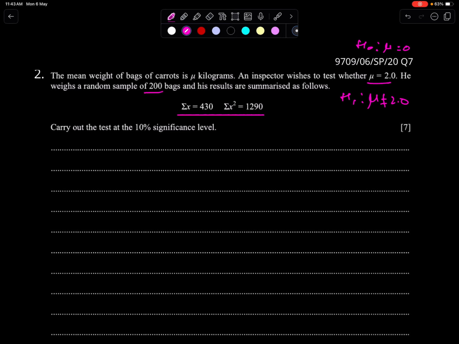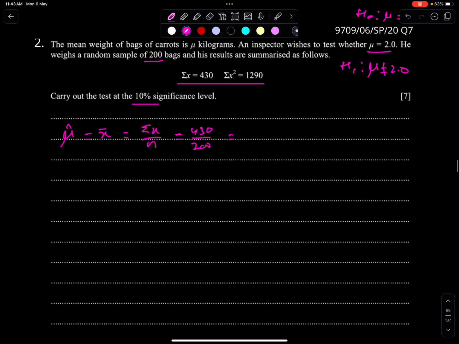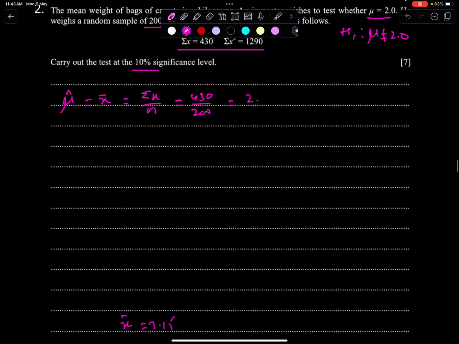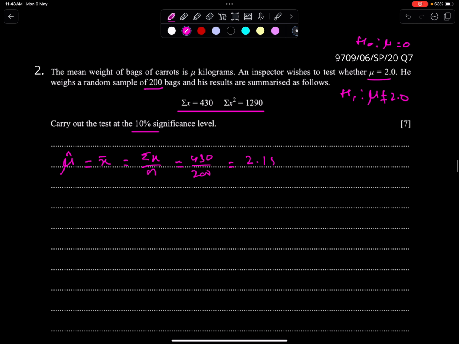So here we need to find mu cap and sigma cap square as well, at 10% significance. Number one, we need to find mu cap, the sample mean, sigma x over n, 430 over 200. So 43 upon 2, which is 2.15.